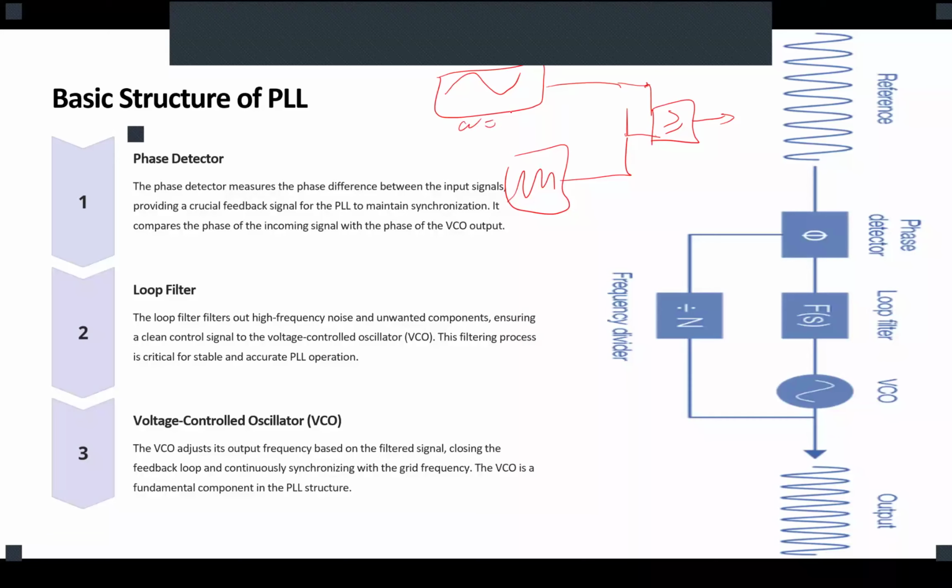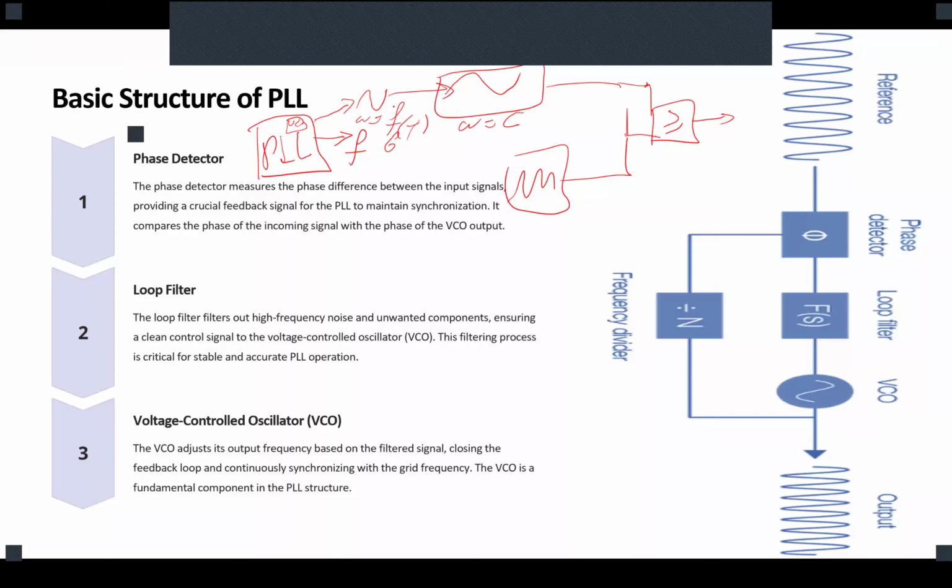In this version, we are going to have a PLL. Based on the module that you use, either the PLL output is the detected frequency, or it already has an oscillator, a VCO in it, which outputs a sinusoidal with a frequency equal to the frequency of the grid in real time.